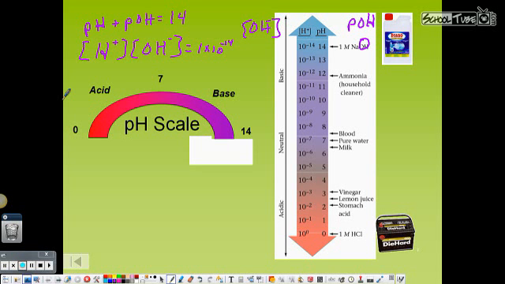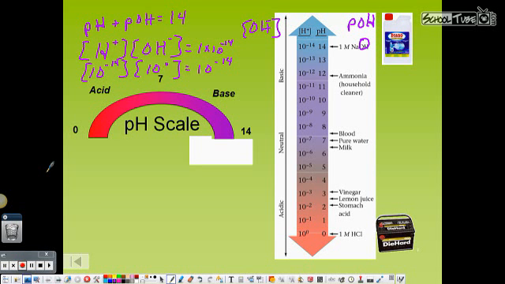When I multiply two exponents, what do I do? I say x to the third times x to the fifth. You add exponents. We do the same thing this time. You add exponents. So, if this is 10 to the minus 14, what does this need to be? 10 to the 0.